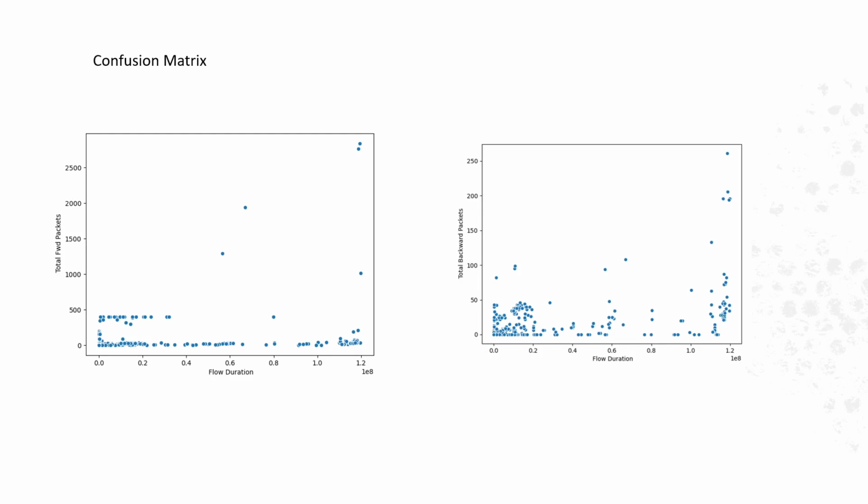And we have confusion matrix showing, not confusion matrix, I'm really sorry, it's a scatter plot. It's a math diagram showing two attributes at different points. Data of different attributes at different points.